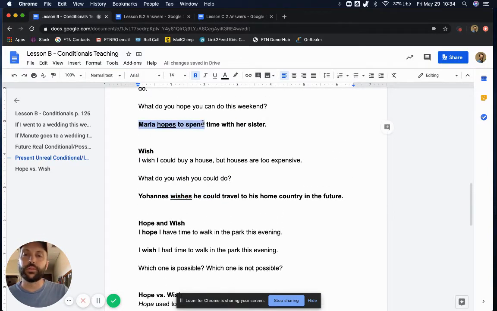Maria hopes to spend. All right. So when we're talking about possible, we're going to use hope and then the infinitive, to spend. Hopes to spend. If it's not quite real, probably not going to happen, present tense plus the could or would.